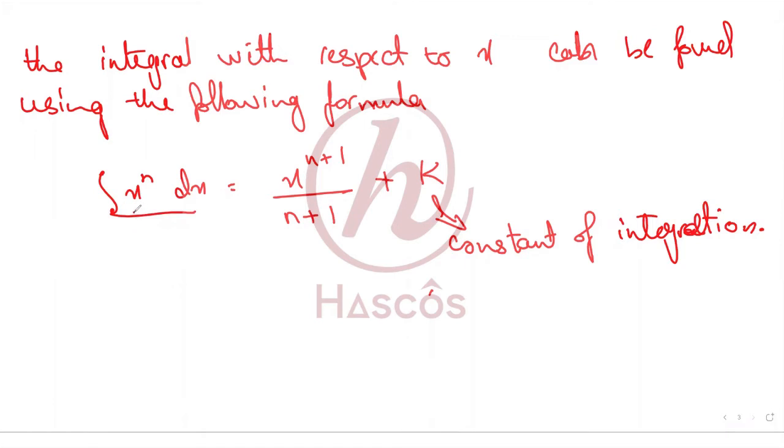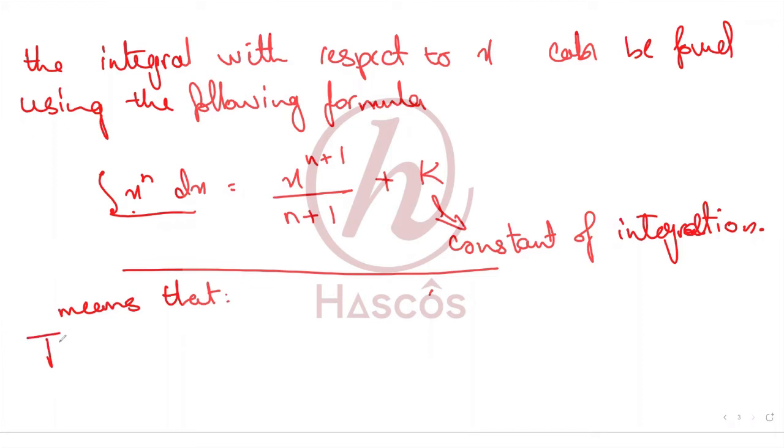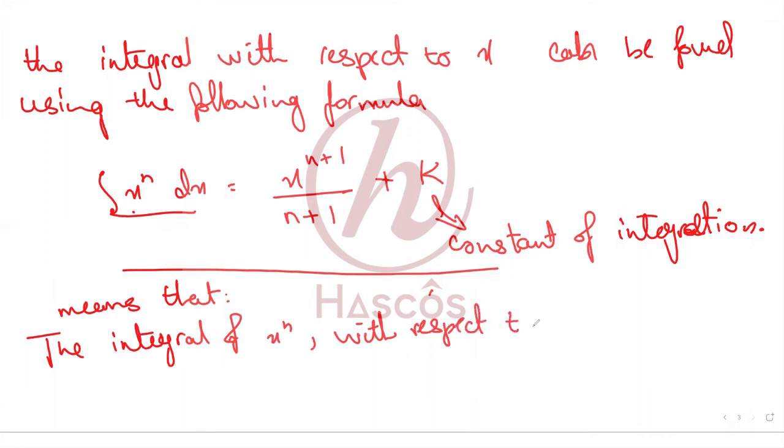This entire thing means that the integral of x to the power of n with respect to x is equal to x to the power n plus 1 over n plus 1, plus k.